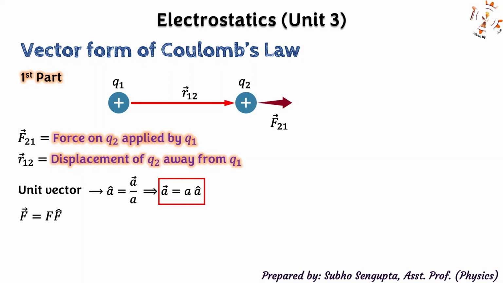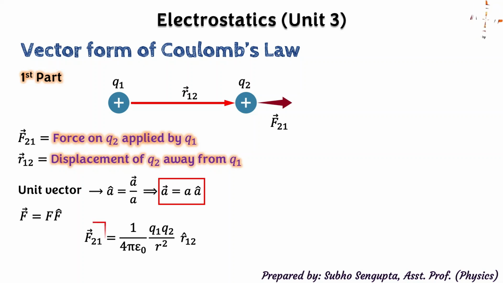Substituting the expression of the magnitude of the force, we get vector F suffix 21 is equal to 1 upon 4 pi epsilon 0 times Q1 Q2 upon R squared times R suffix 12 hat. You will get this expression in your books. But have you ever noticed?